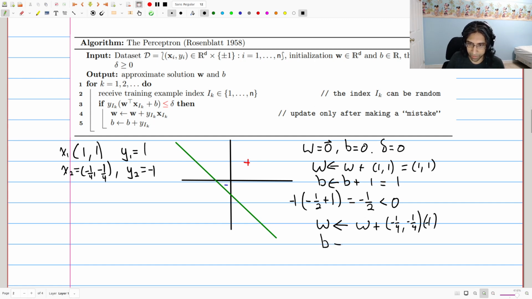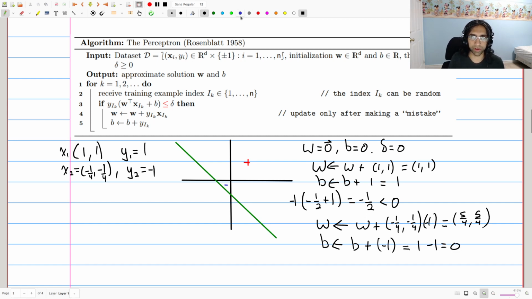And b becomes b plus the sign, -1. So what do each of these become? This becomes 5/4. This becomes 5/4. And this becomes 1 - 1 equals 0. And so that's a new line.